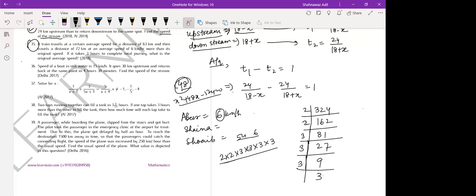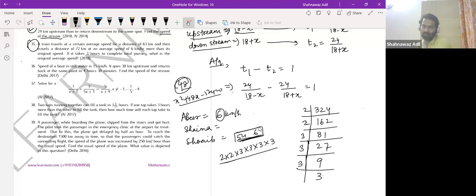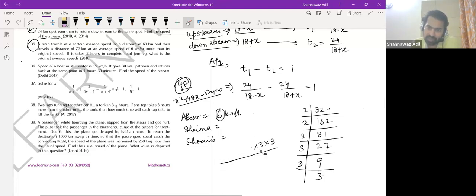Yes, right, Shaima? Yes. Okay, so this was difficult to find. No worries. That is why we have to practice a lot. So these are the two factors, minus 54 and plus 6. So that is what we can do.